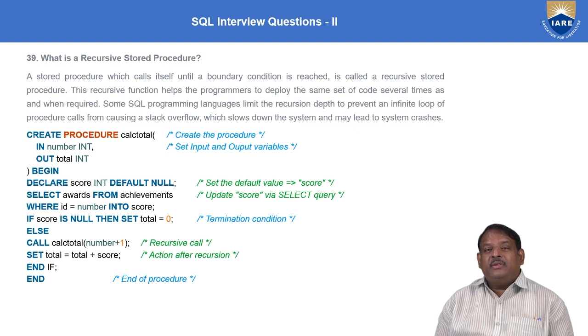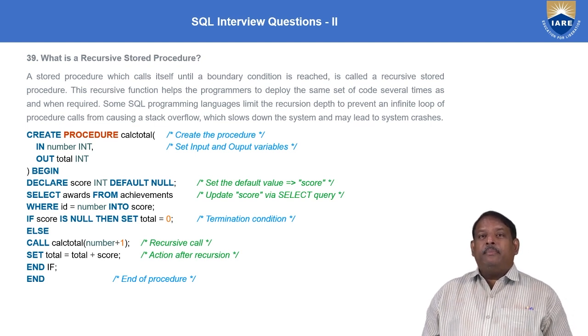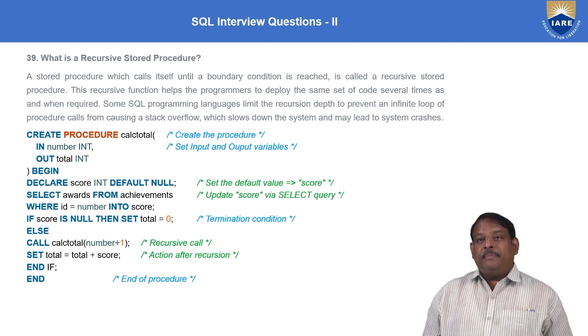The recursive function helps programmers deploy the same set of code several times as required. Some SQL programming languages limit the recursion depth to prevent an infinite loop of procedure calls causing stack overflow, which slows down the system and may lead to a system crash.